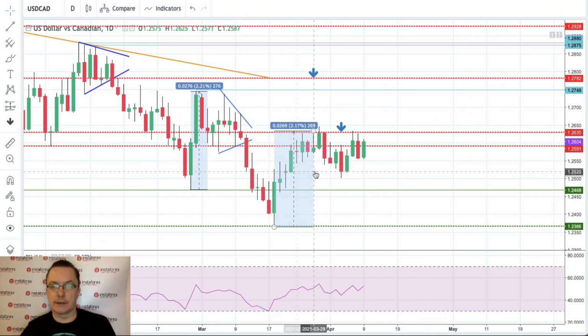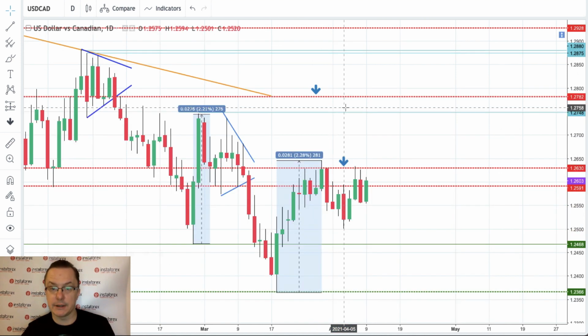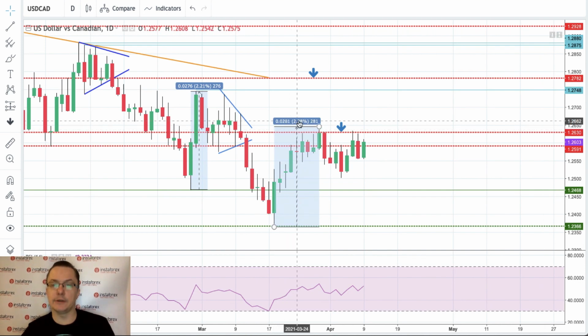As you can see, the bulls are struggling with the recent bounce. Let's say it was somewhere here, 2.22% bounce, in line with the previous bounce, 2.21. So that's like a correction, one-to-one market geometry correction. Nothing wrong with that.